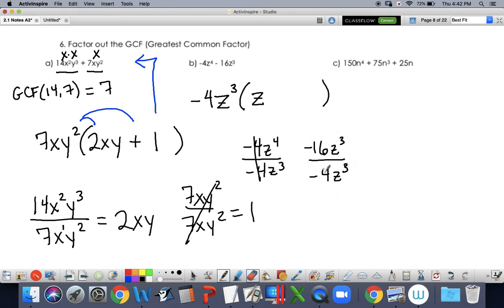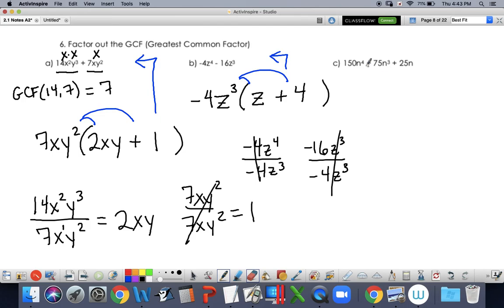Well, negative 16 divided by negative 4 is a positive 4. And my z, since I have both a z cubed in my numerator and denominator, those cancel out and just equal 1. So this is my answer. And if I want to check again, remember, which is always a good strategy, all you have to do is distribute back through and make sure you wind up where you started.